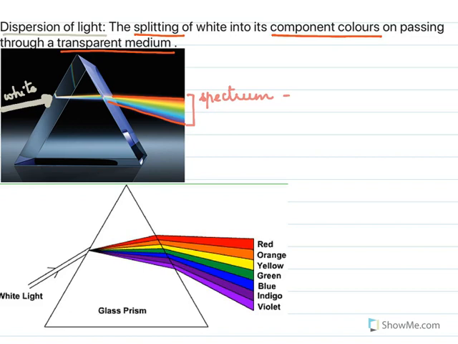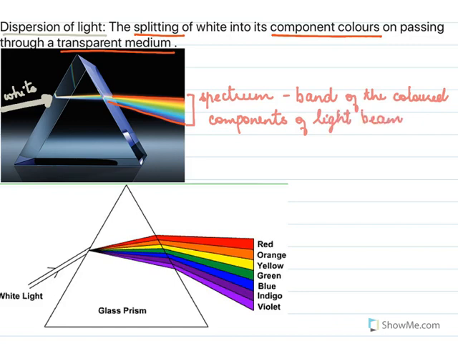So spectrum is the band of the colored components of a light beam. So you must know the definition of spectrum. It's a band of colored components of a beam.